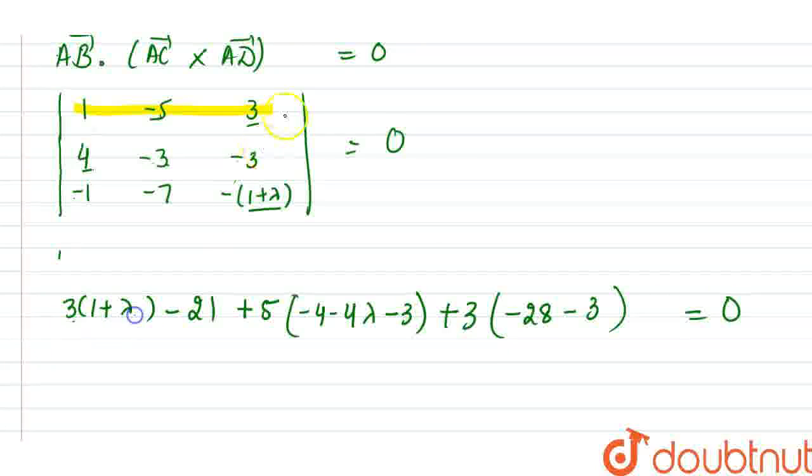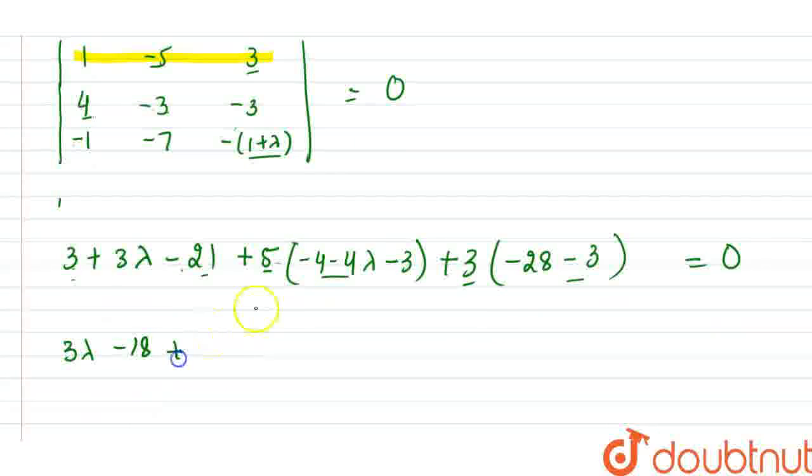So this is 3 plus 3 lambda. We can write it here. This is 3 plus 3 lambda, and on multiplying 5 over here and multiplying 3 over here. So this is 3 plus, this will become 3 lambda, and this is -18.